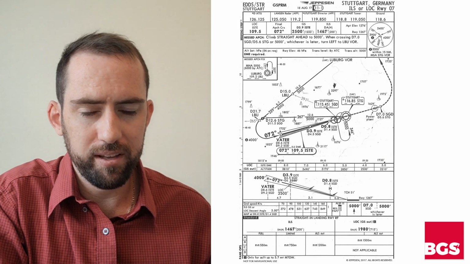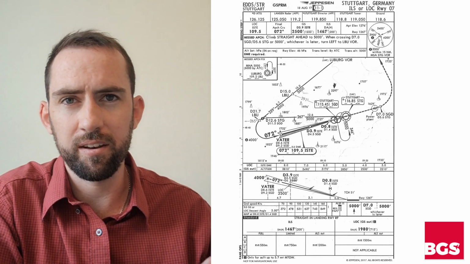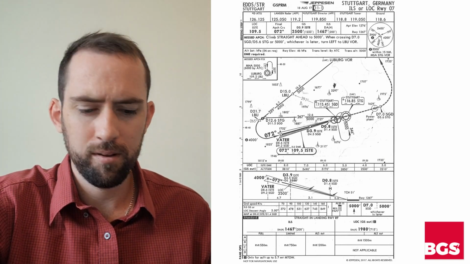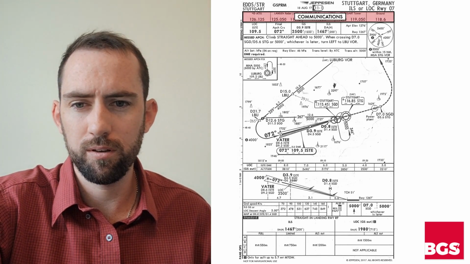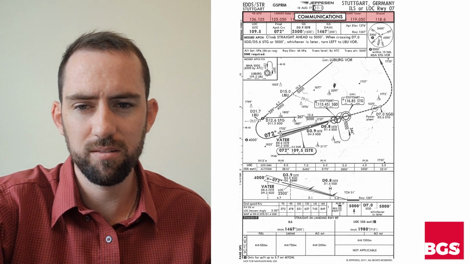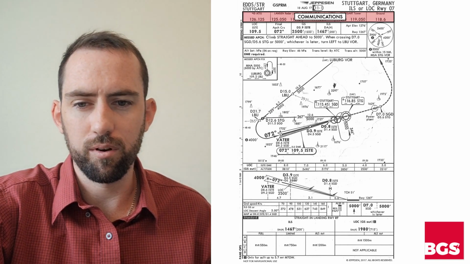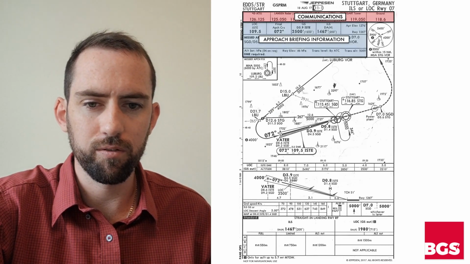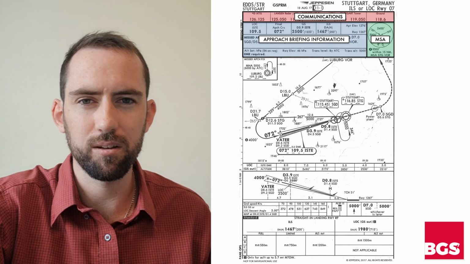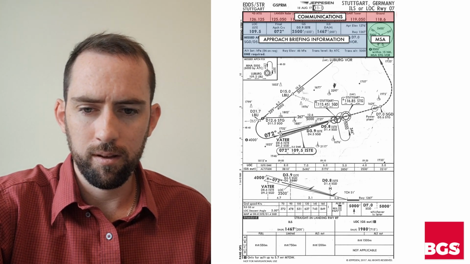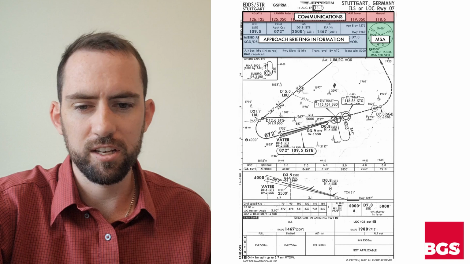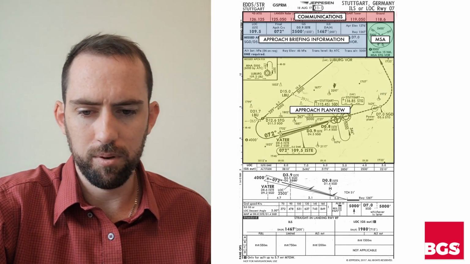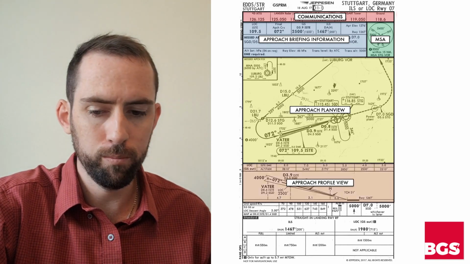So a good place to start would be just to understand the format that these plates come in. Right from the top, we've got our communications section, and underneath that we've got approach briefing information. To the right hand side we've got our minimum sector altitude. Then we've got the largest section of the plate, which should be our approach plan view, and beneath that our approach profile view.